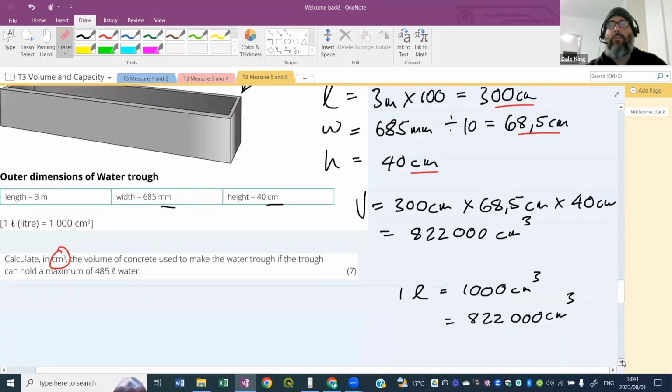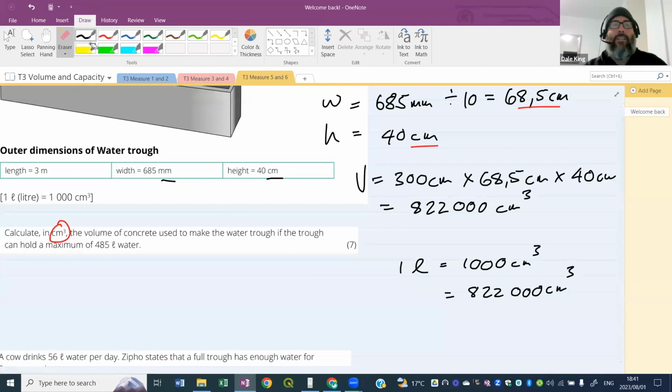I think I made a mistake. Oh no, I'm incorrect. You know what we have to do? Since we're using 485 liters of water, we have to use the 485 liters instead of the 822,000, because we have to get 485,000 centimeters cubed.